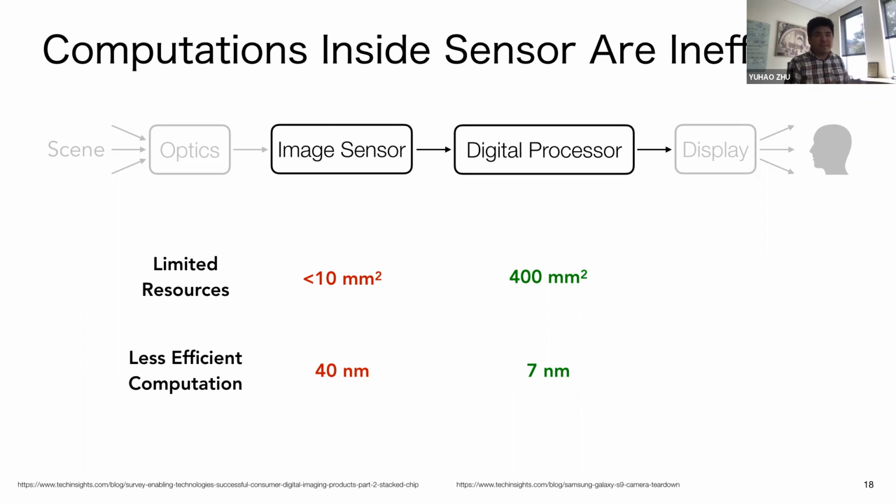You can buy a decent sensor for $10, which is nowhere close to the cost of a high-end chip. Because of cost considerations, the process node of a typical image sensor is usually one or two generations behind the process node used for manufacturing processors. And because of that, computations inside the sensor would also consume more energy.